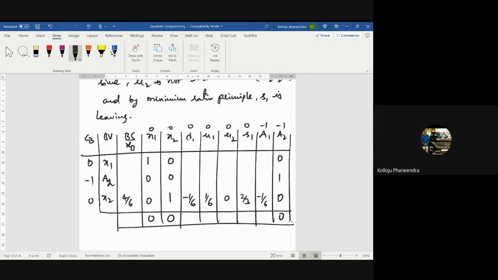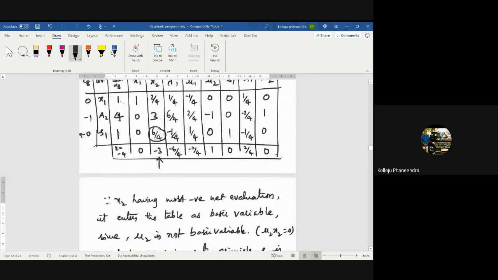Next, these values are 4 by 6. And this becomes 2. And lambda 1 value 1 by 3. This is 2. This is negative 1 by 3. This is 0. This is 0, minus 1 and negative 1 by 3, negative 2. Okay, done. And a1, what is a1?